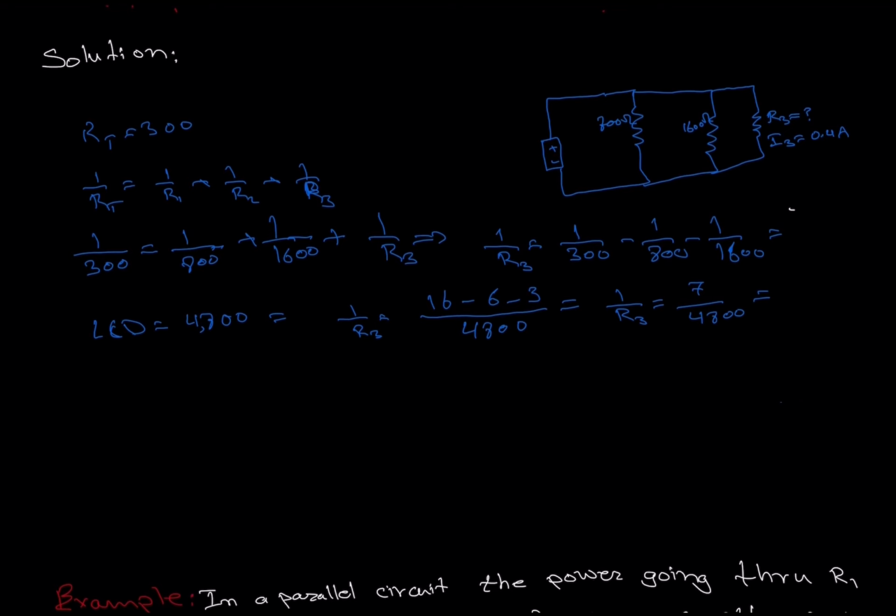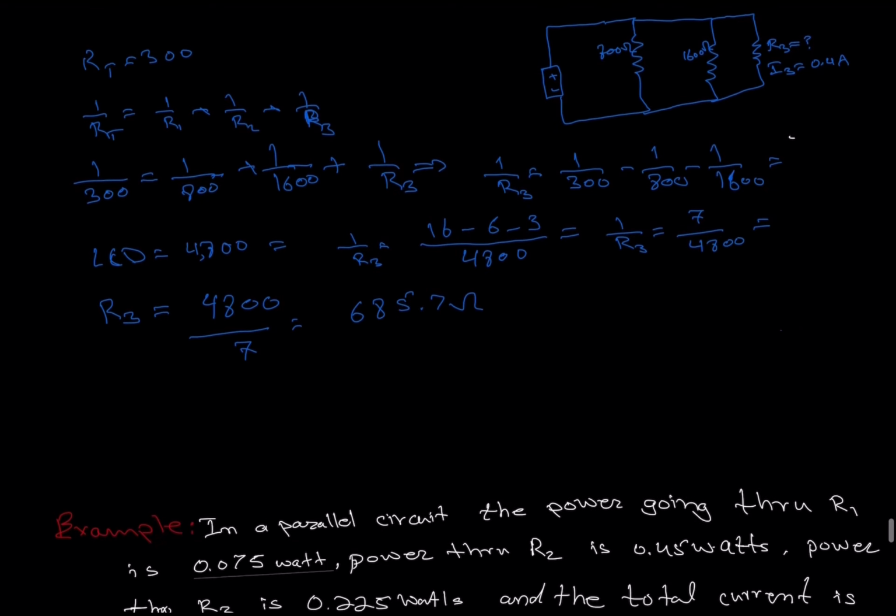To find R3, reciprocate both sides: R3 over 1 equals 4800 over 7. 4800 divided by 7 will give me 685.7 ohm. So that is my R3 right there.